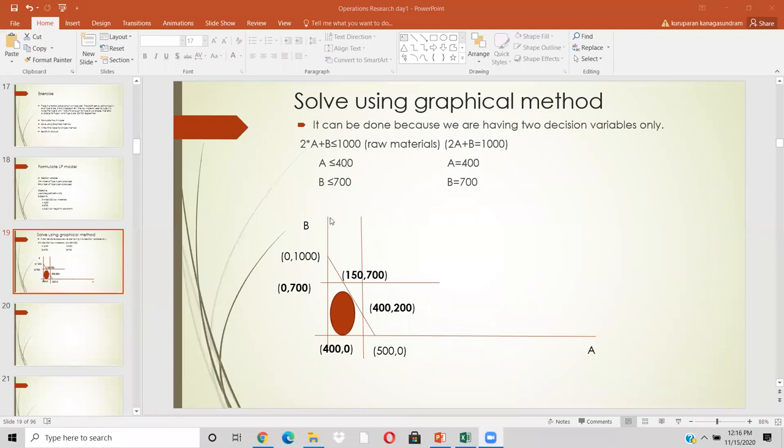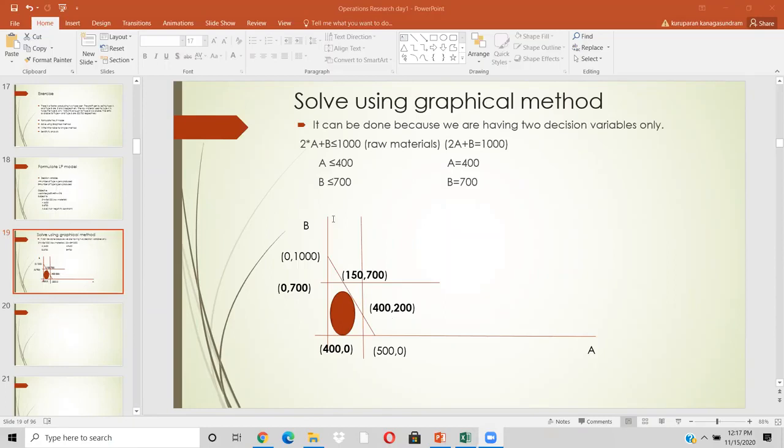In the start, 0, 0 is the origin of the graph. I have decided the axis part. I have only taken this part, not this or this region. Why? Those are the negative parts. This is the region where A comma B is greater than 0. I have selected this space. This is the positive region. Okay, fine.